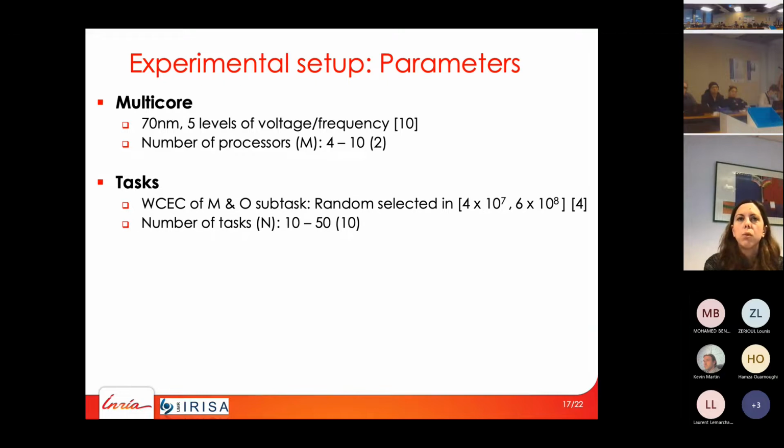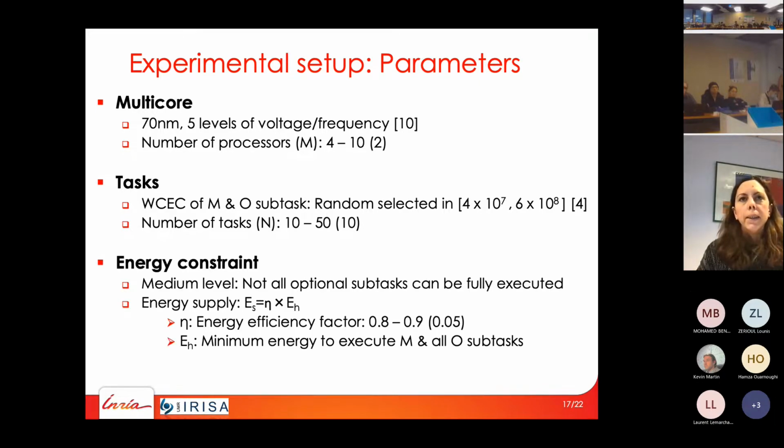For the tasks, the worst case execution cycles of the M and O parts are randomly selected within this range, and the number of tasks has been tuned between 10 and 50 with a step of 10. Regarding the energy constraint, we assume that the system is at the medium level. This means that we do not have enough energy to execute the complete optional subtasks for all the tasks. Otherwise, the solution was obvious.